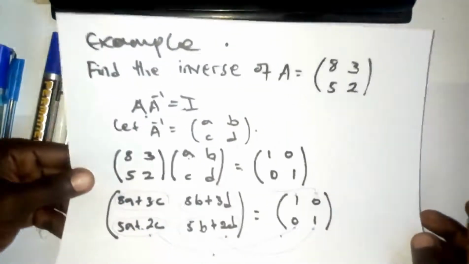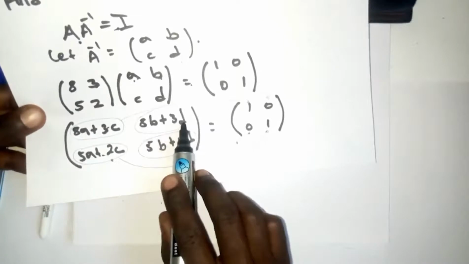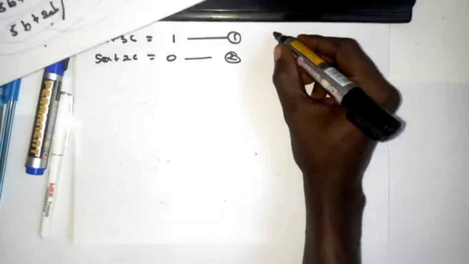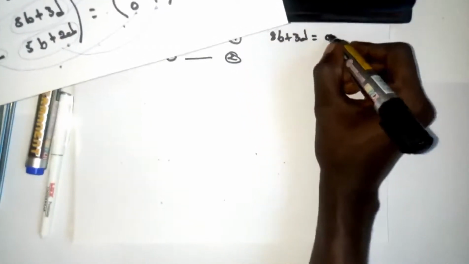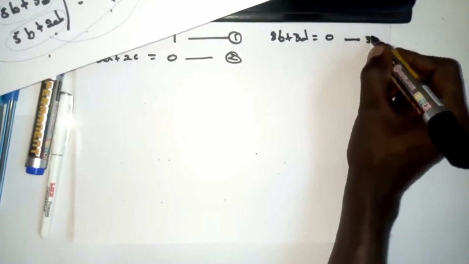Then we go to the next one, which is 8b plus 3d equal to 0, and I call that one equation 3.